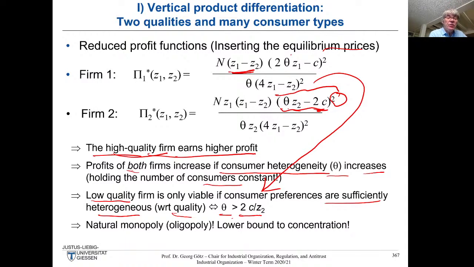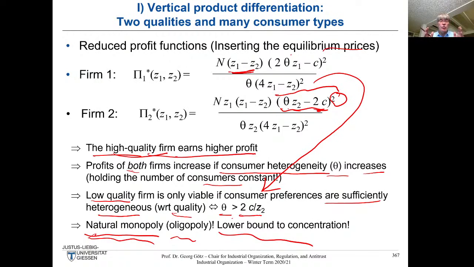And this tells you, and that's a very important insight from the papers in the 80s, I think, by Shaked and Sutton, John Sutton and Avner Shaked, they showed that a so-called natural monopoly or oligopoly exists, a lower bound to concentration, if consumers are not sufficiently heterogeneous.